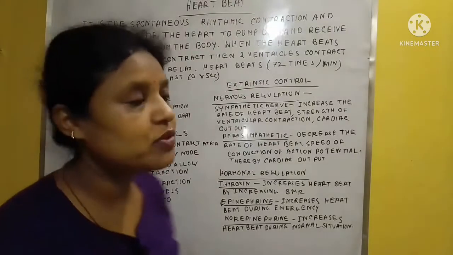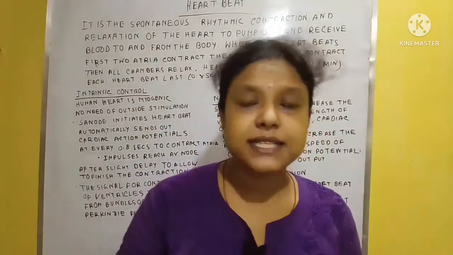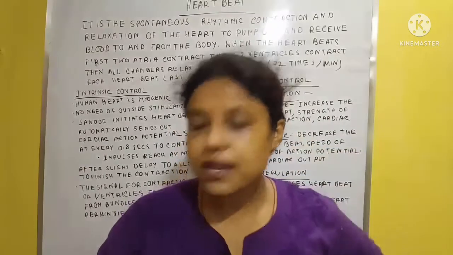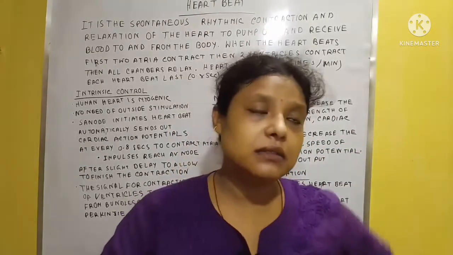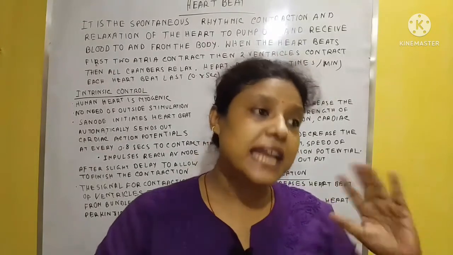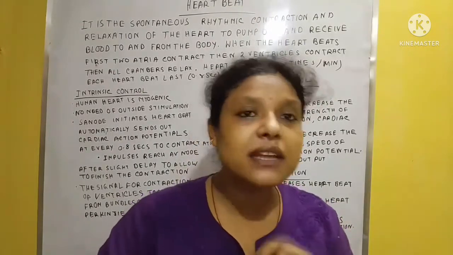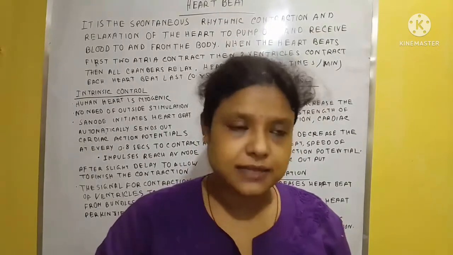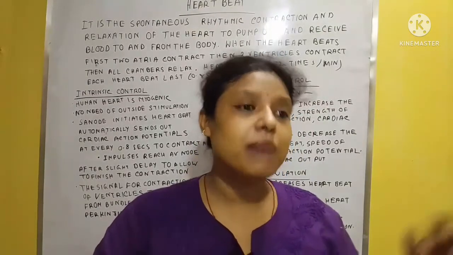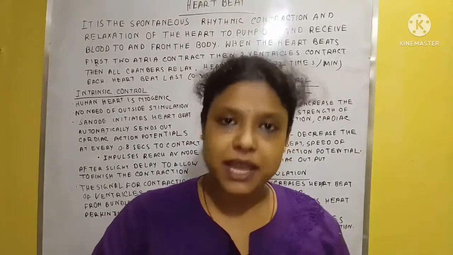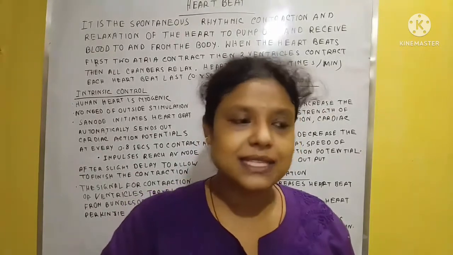First of all, we have to understand our heart is the myogenic heart. And what is called the myogenic heart? Myogenic heart means this heart never needs any extrinsic or outside signals, because there are some muscles that autonomously contract and relax.